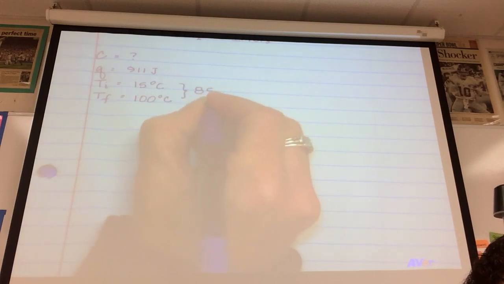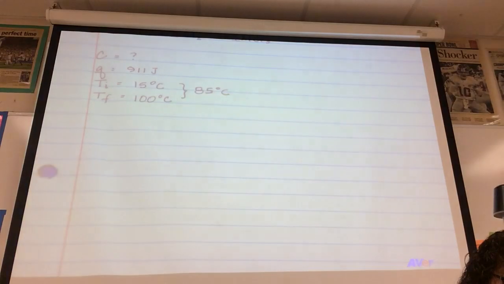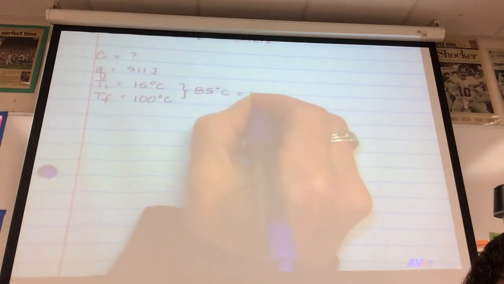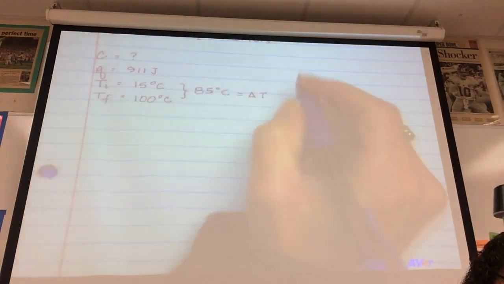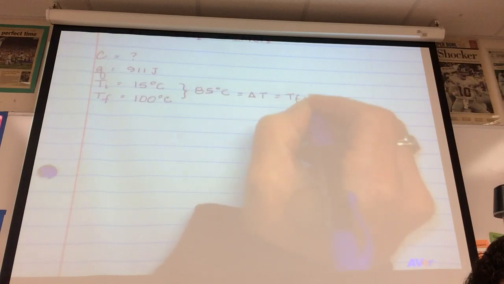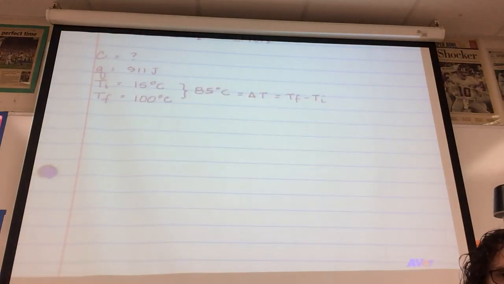So that will be 85 degrees Celsius as your delta T, final minus initial, if you haven't looked at temperature changes in the past.